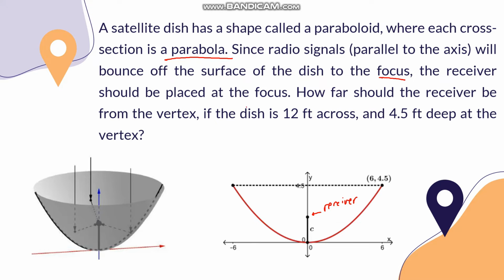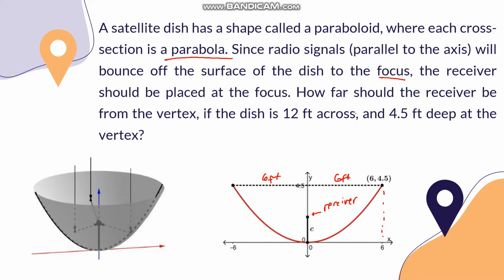We know that the dish is 12 feet across, so if the whole dish is 12 feet across, this is 6 feet, and the other one is 6 feet as well. And it is 4.5 feet deep at the vertex, so this one is 4.5.